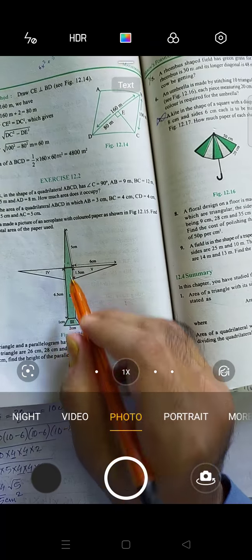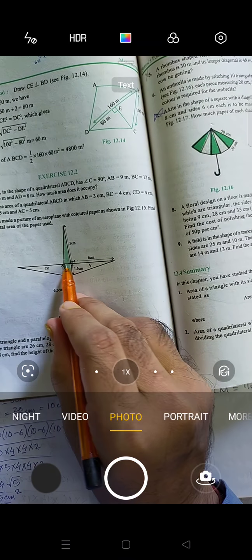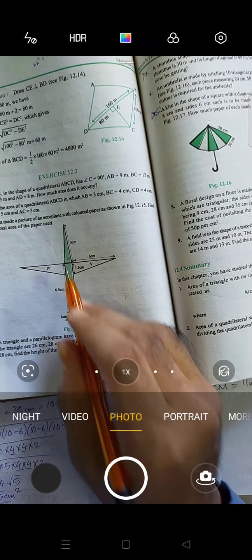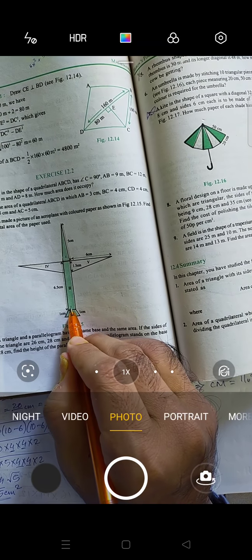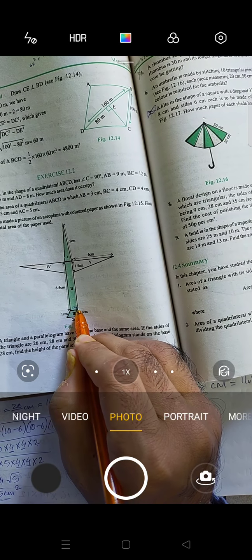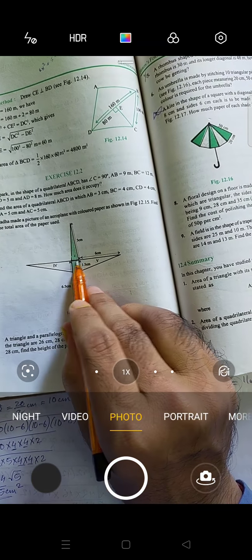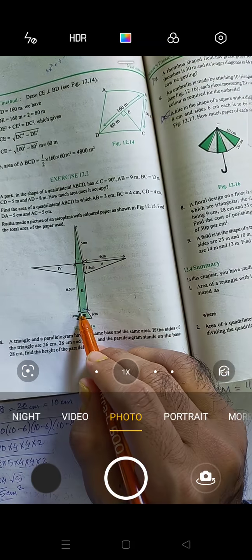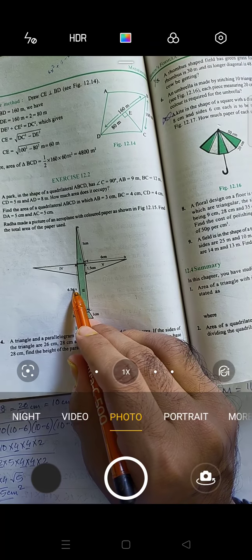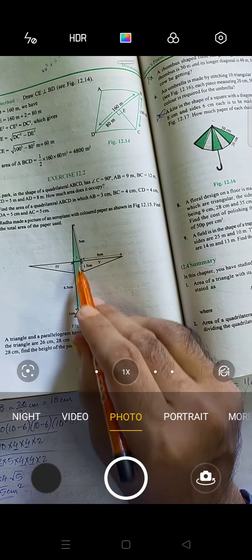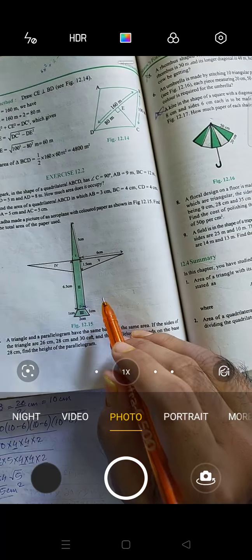It is not mentioned in my book, but this is 1 centimeter, so this is also 1 centimeter. From here till here, this is 6.5 centimeter. From this point to this point, this is 1.5 centimeter.